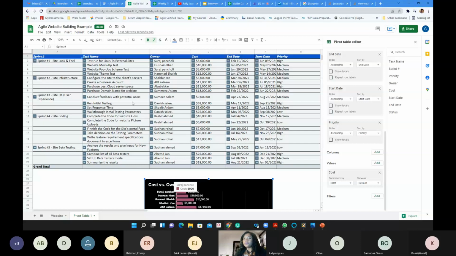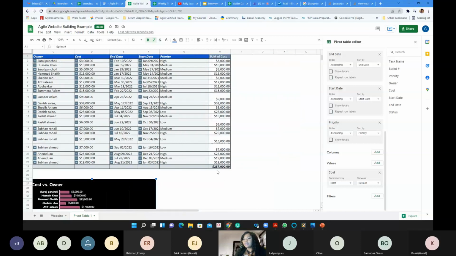So why do they want to hire people offshore? Because the budget for this project is about 287,000. They can save about 50,000 or 100,000 on this project if they hire offshore people. But the risk is, do they have the quality? Do they have the skill that you need to perform the work?